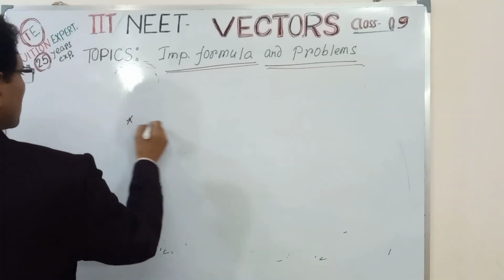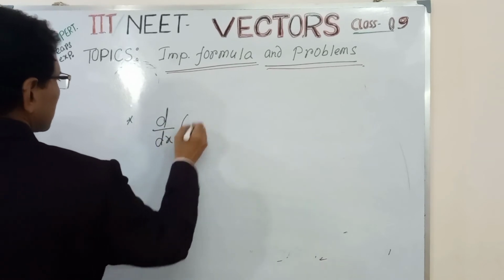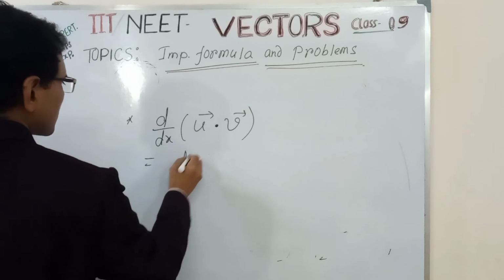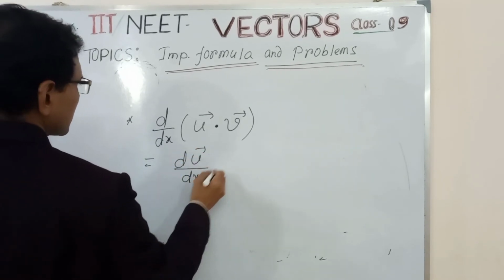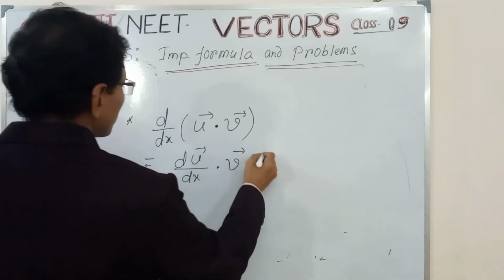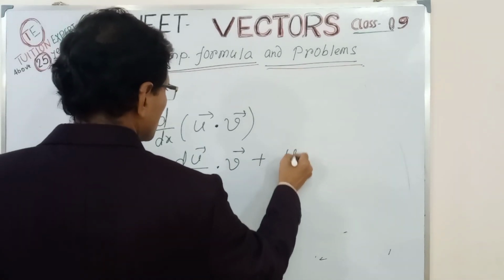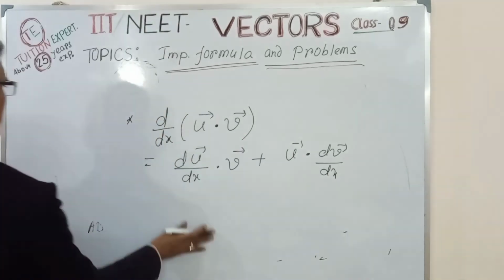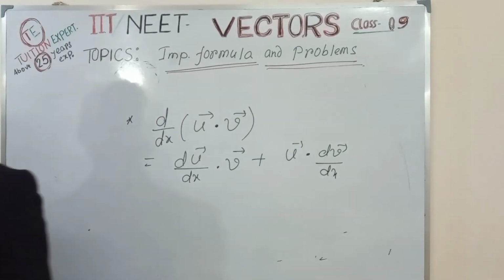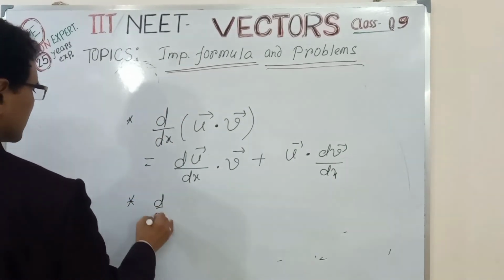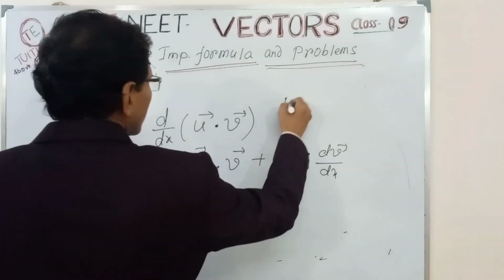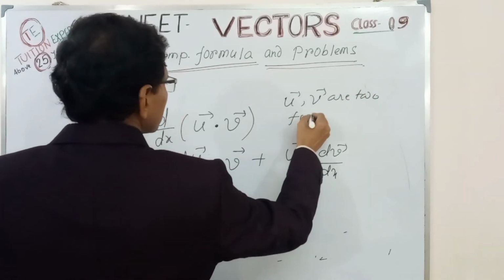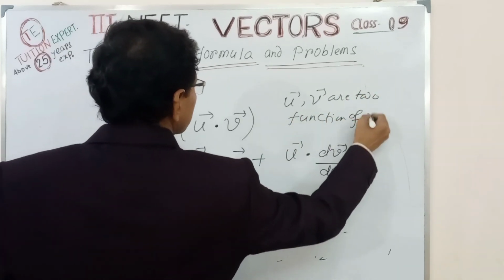Suppose derivative of u dot v becomes du by dx dot v plus u dot dv by dx. This is the formula. Here u and v are obviously two functions of x.